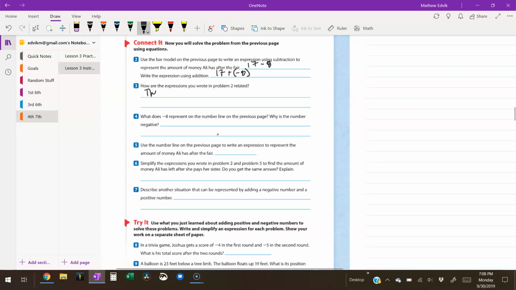They both represent the amount of money that Allie made after paying her sister.